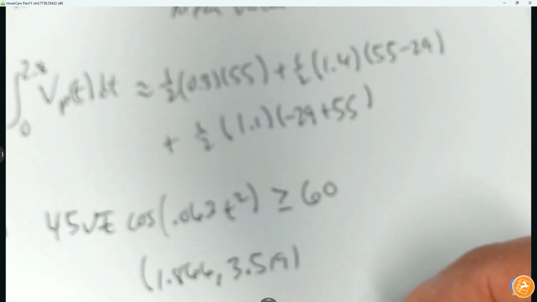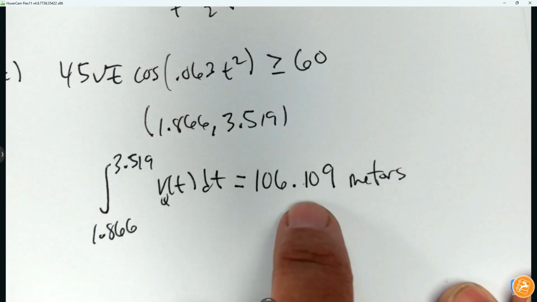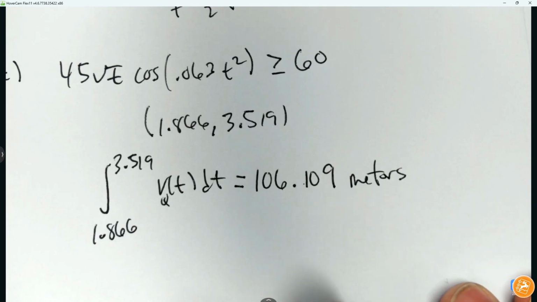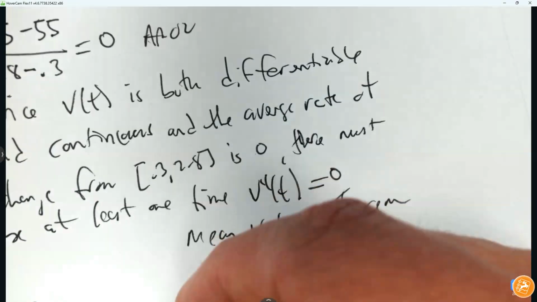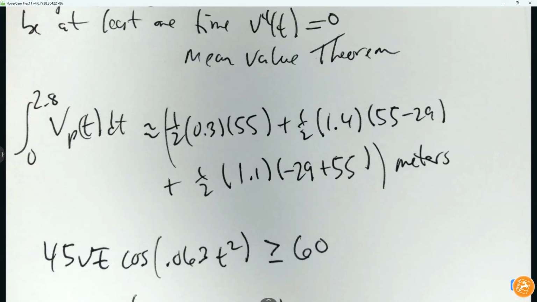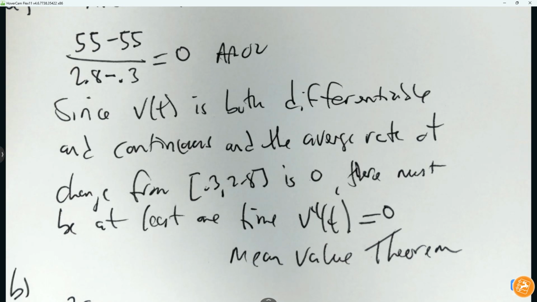So I did include units here. This one, when I integrated velocity, the answer is just the unit, which is meters. This would also be meters. Part B, go back, and we're good.